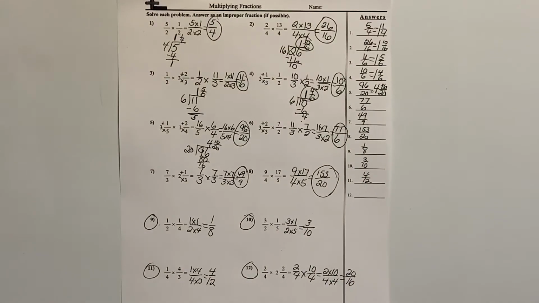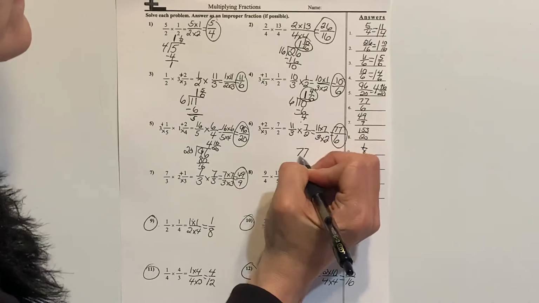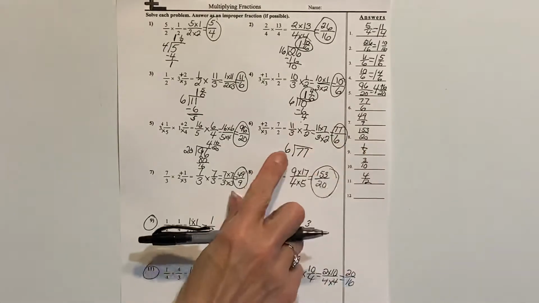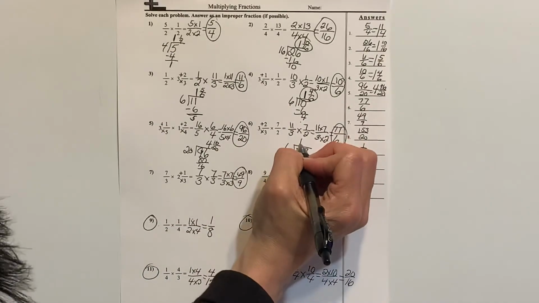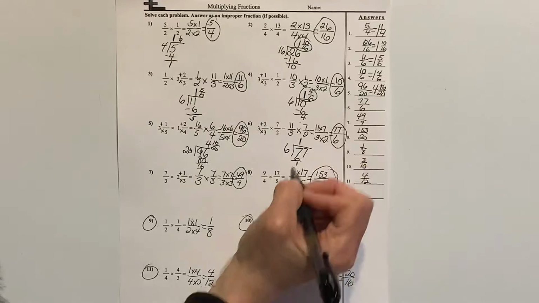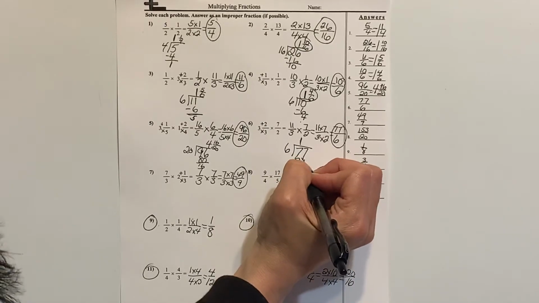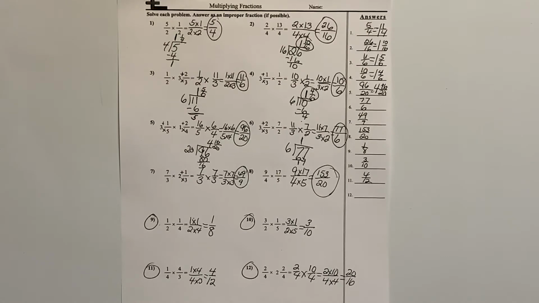All right. 77 divided by 6. Well, I know here I can go ahead and put the 1 here because 1 times 6 is 6. I've got a 1. I bring down my 7. 6 times something gets me close to 17 without going over.